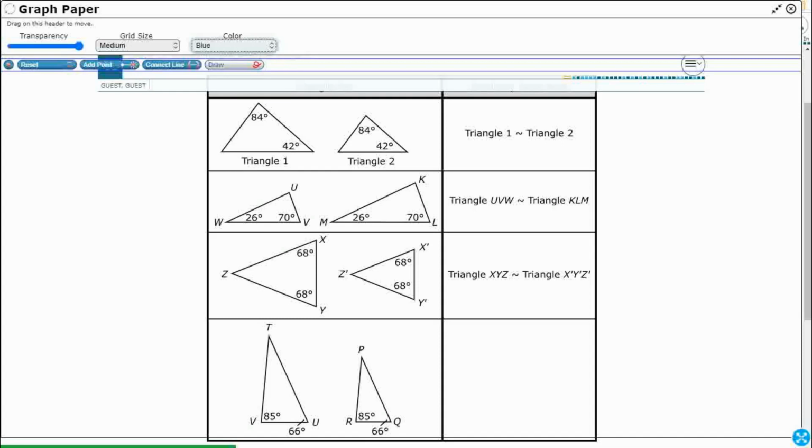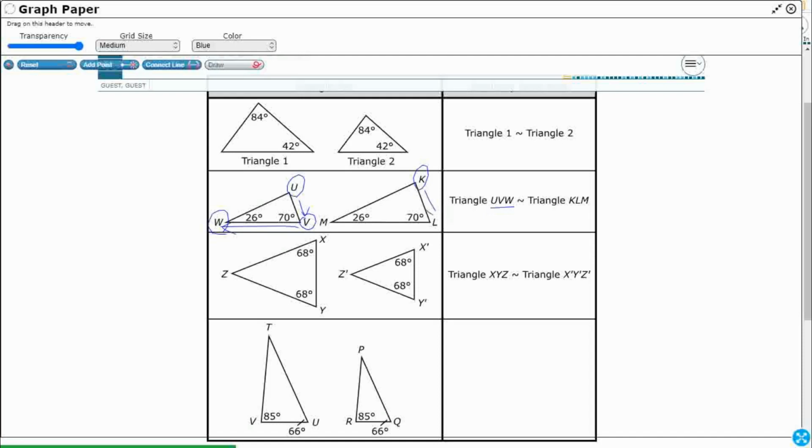All right, so UVW. So I'm going to trace UVW. So U goes to V, goes to W. And that's KLM. So I noticed they started at the top, moved to the bottom right, and then moved over to the left. So I noticed that pattern there.